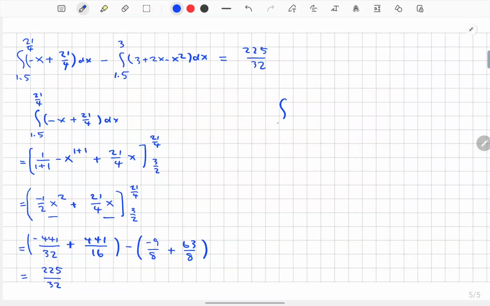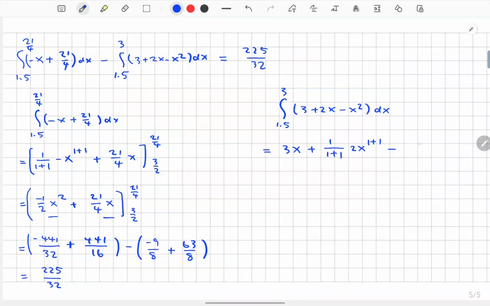We will calculate from 1.5 to 3 the integral of 3 plus 2x minus x squared with respect to x. The integral of a constant we multiply with x, so 3x. Plus 1 over the power plus 1, 1 plus 1, 2x, then the power plus 1.